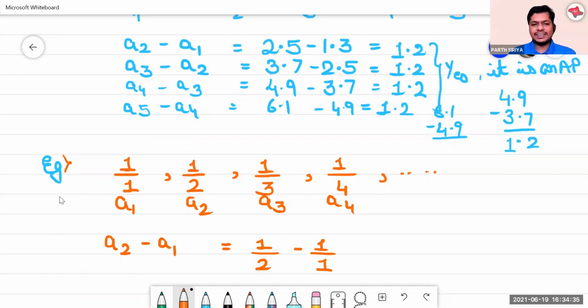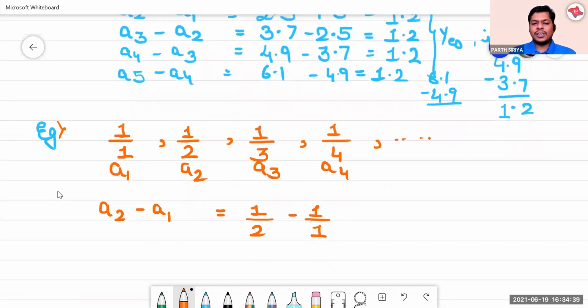Very good, Kiran. That's correct. You need to make the denominators the same. So how do you make the denominator the same? By taking the LCM. तो 2 और 1 का LCM 2 ही होगा. So multiplied by 1, multiplied by 1, multiplied by 2, multiplied by 2. So what am I going to get? 1 minus 2 upon 2. That's minus 1 by 2.